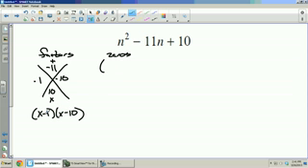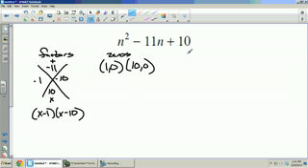So if this is negative 1, I would change that to positive 1, 0. That's going to be 1 point where that would cross the x-axis. And the other, it says negative 10, so I change it to positive 10 and 0. So there you go. That's my zeros.